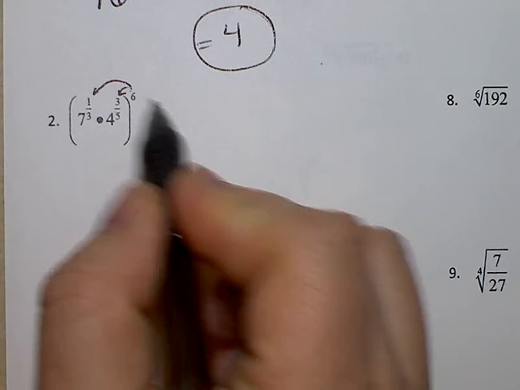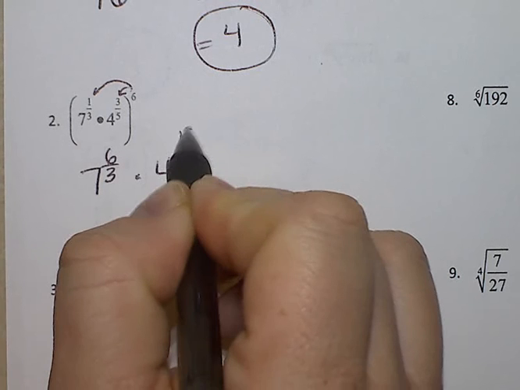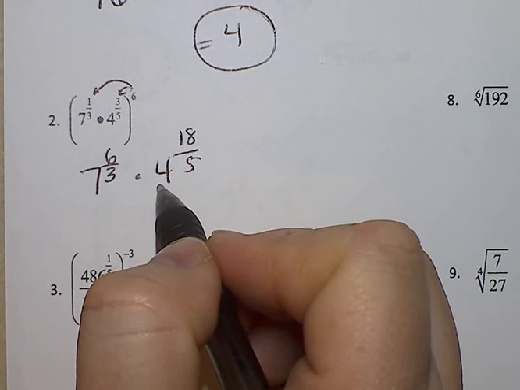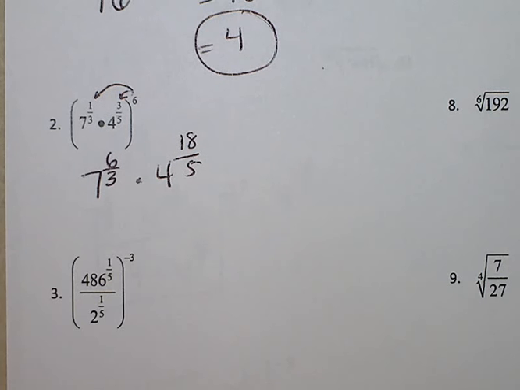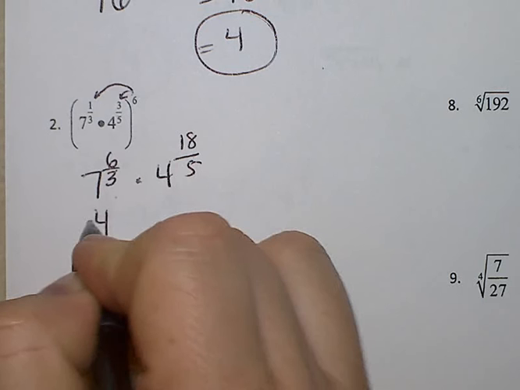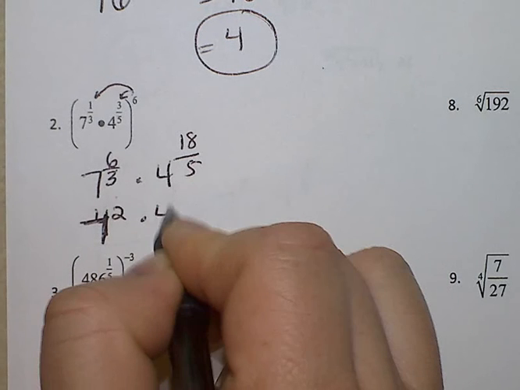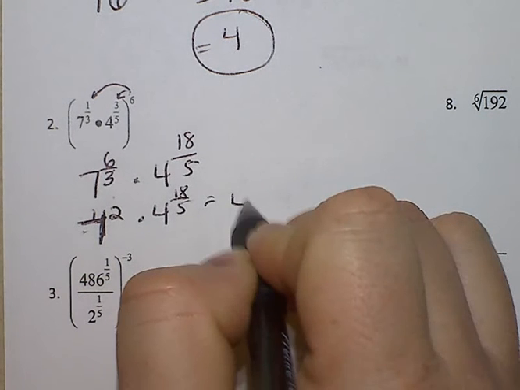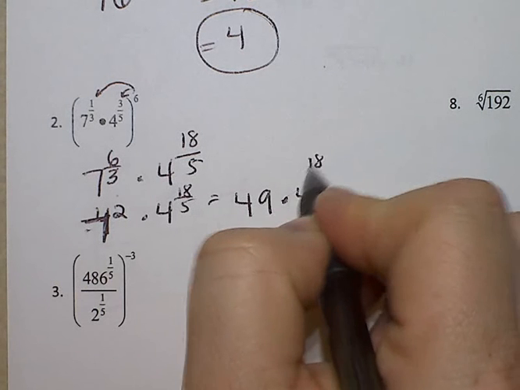So this becomes 7 to the 6/3 times 4 to the 18/5. 6 divided by 3 is 2, and 18 over 5 does not simplify any further. 7 to the 2nd power is 49, and we get to leave 4 to the 18/5 power.